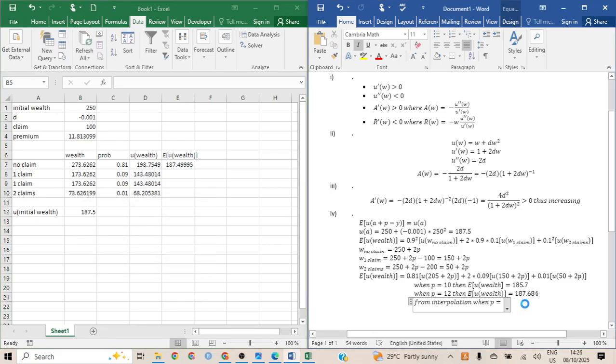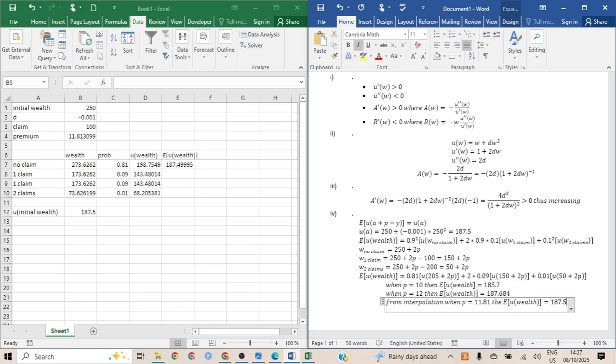When p is 11.81, then expected utility of wealth becomes 187.5. And with that we have our 5 marks.